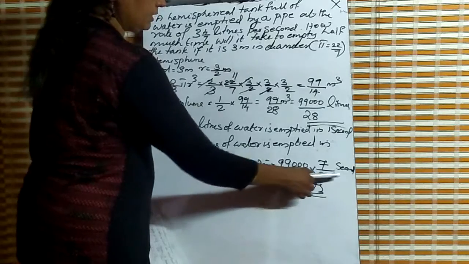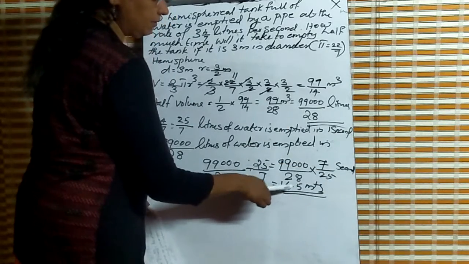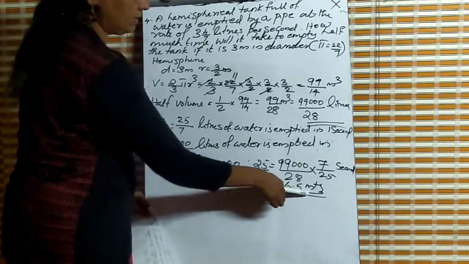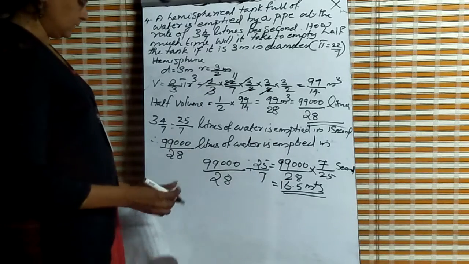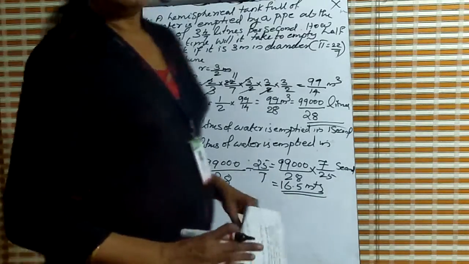On dividing this, we get the time in seconds. Again we divide that by 60, and we get 16.5 minutes is the answer. Thank you.